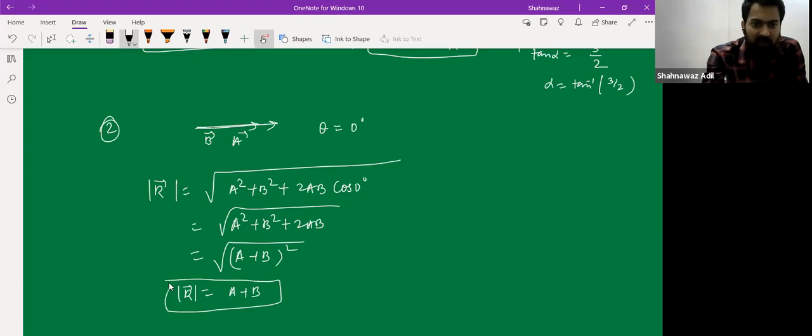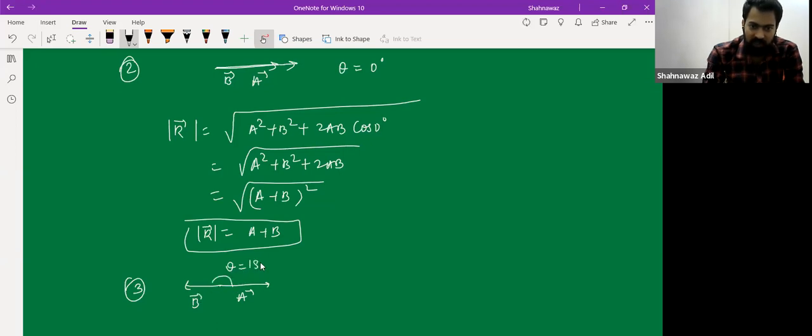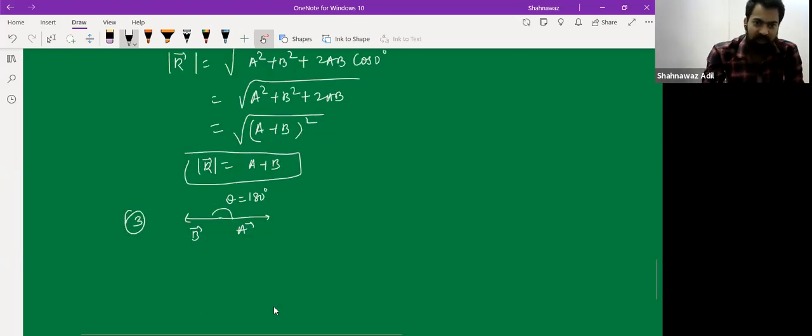And then when you have a and b which are anti-parallel, meaning that this is a and this is b, the angle between them is 180 degrees. So now what would be the resultant magnitude? This would be a square plus b square plus 2ab cos 180 degrees. Cos pi is -1, right?